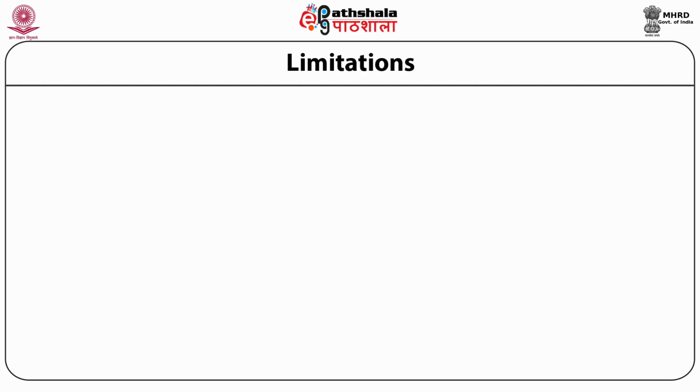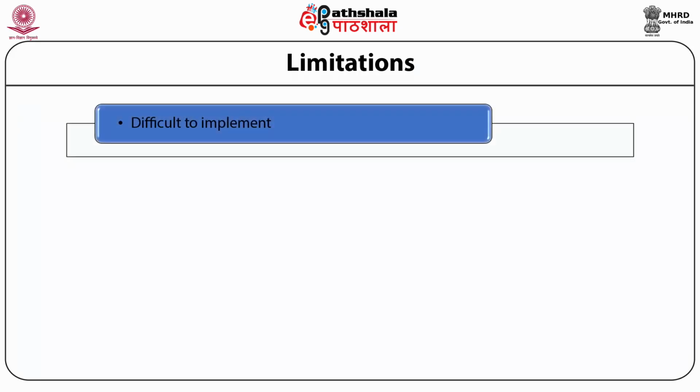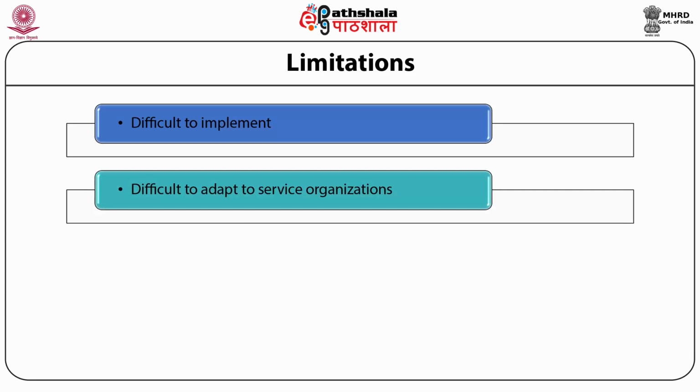Though there are benefits of the value chain analysis, it is not devoid of certain limitations. The first limitation is, though it is simple to understand, when it comes to actual implementation, it's really very tricky. Second, this framework is more relevant to manufacturing setups. So it is difficult to adapt the same framework in the context of service organizations.